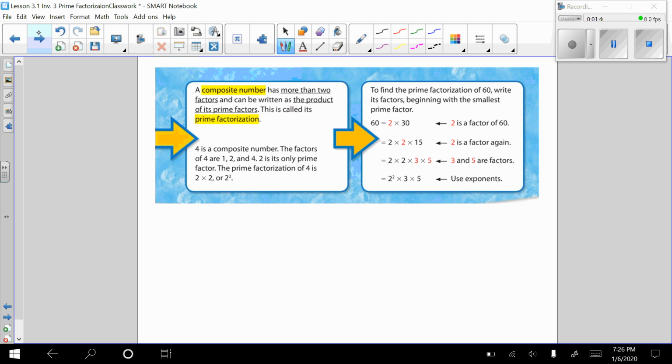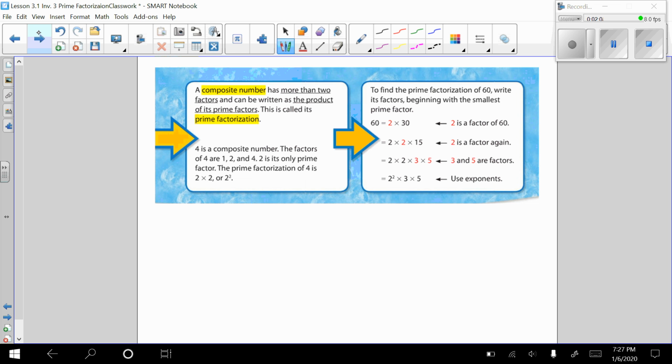When we do prime factorization, we want to reduce it as far as we can to get to all prime numbers. For instance, if we did 60, we could say, well, 2 times 30 is a factor of 60. 2 is the prime number there. Then again, I can break down 30 into 2 times 15. Now I have 2 times 2 times 15.